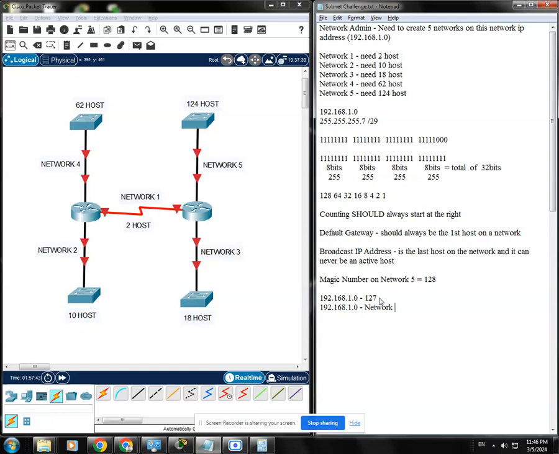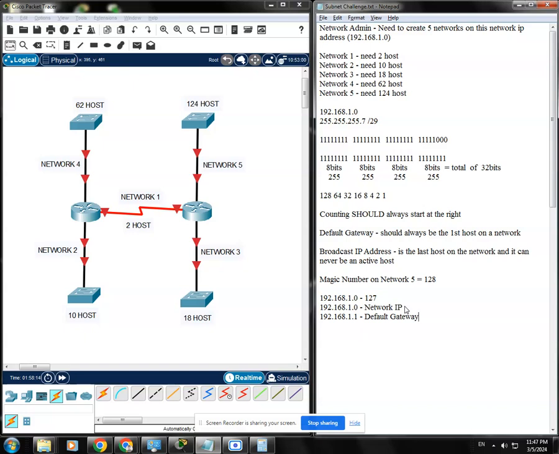Sorry, network IP. Next we need to identify the default gateway. The default gateway should always be the first host on the network. Since this is the network, the first host would be 192.168.1.1. So this is the default gateway.